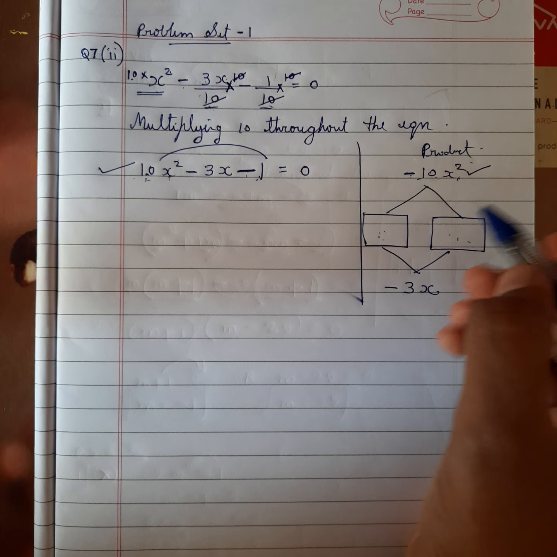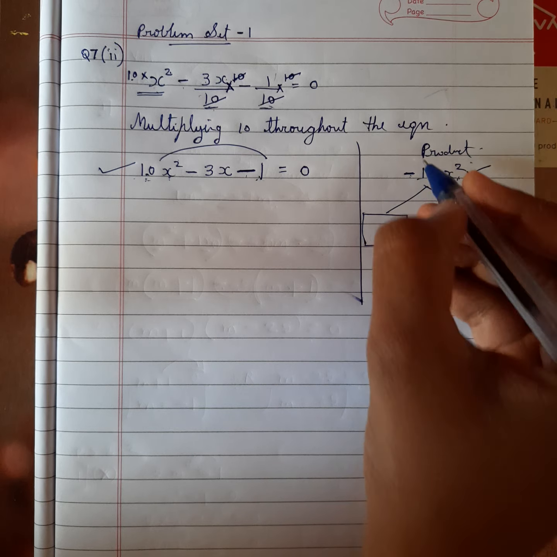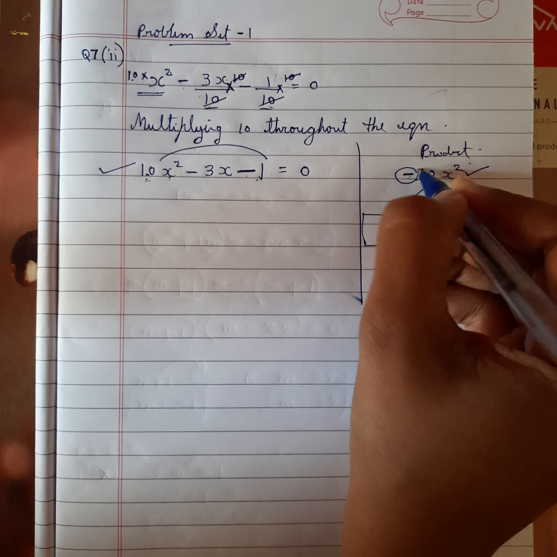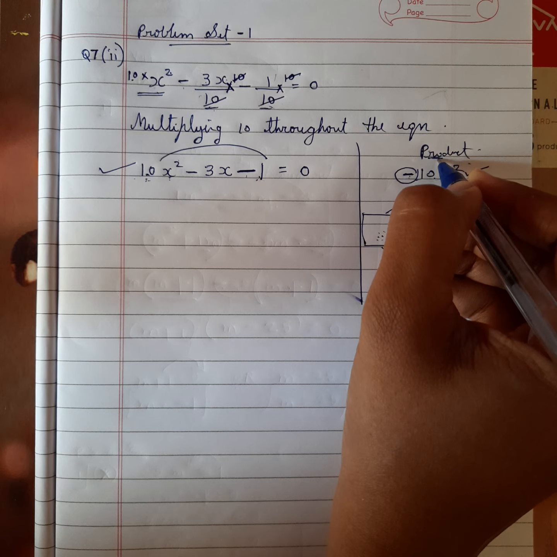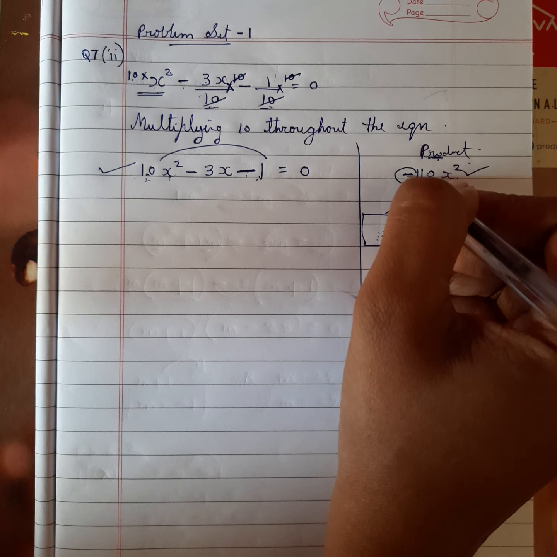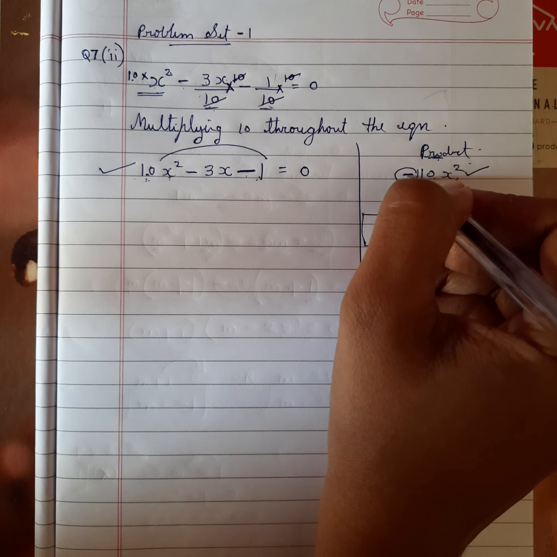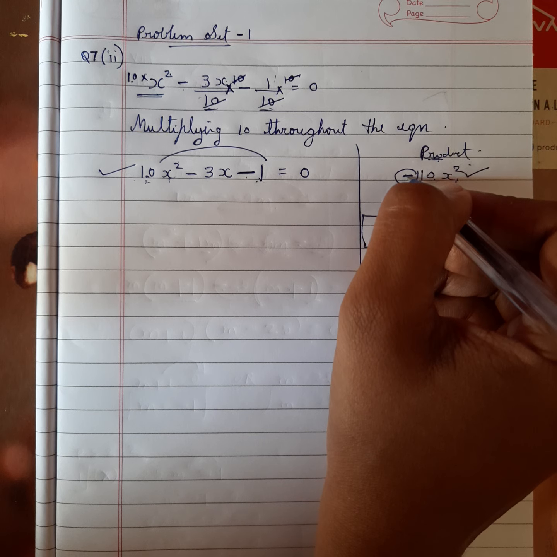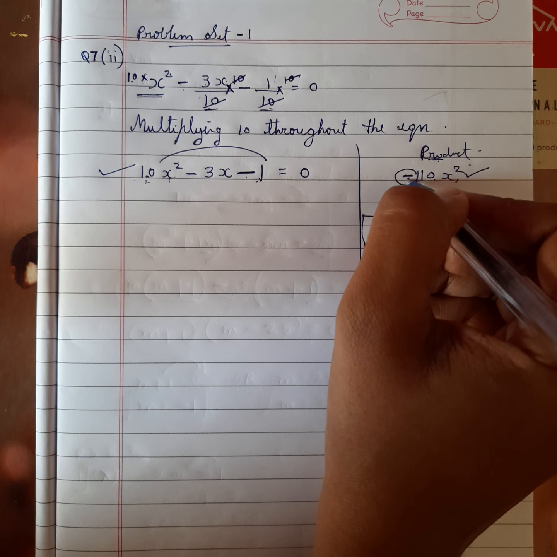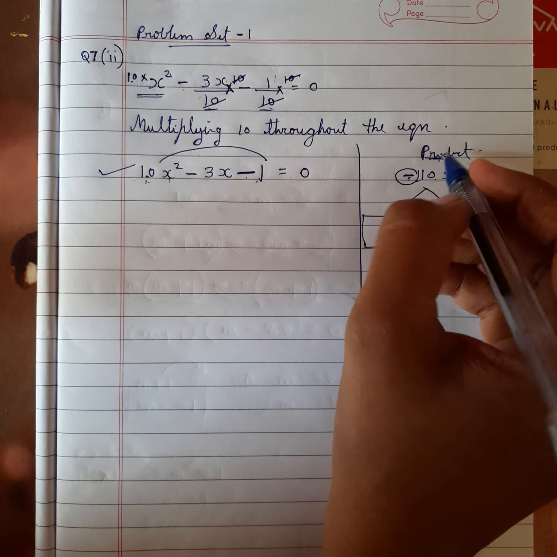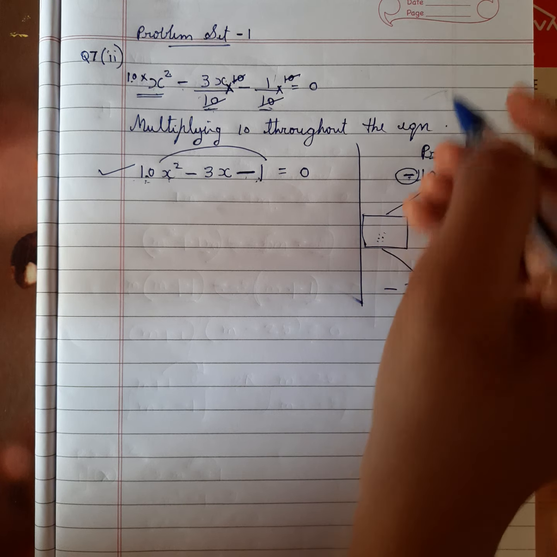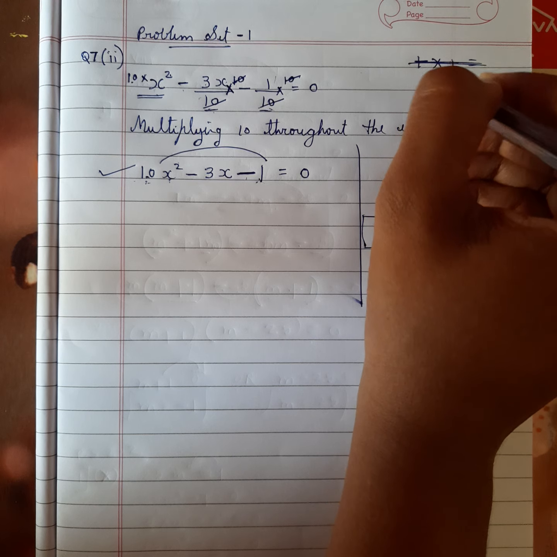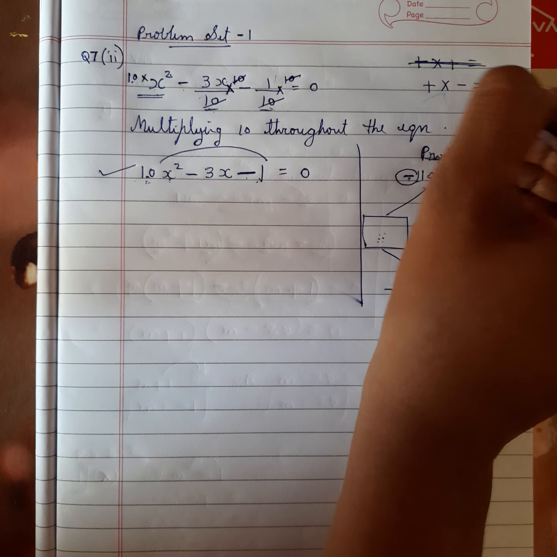Correct? So how to find these two factors? First you focus on sign of product. Product means multiplication. When you will get negative sign after multiplication or by getting product, that is either positive into positive, one is positive, another is negative, the answer will be negative.